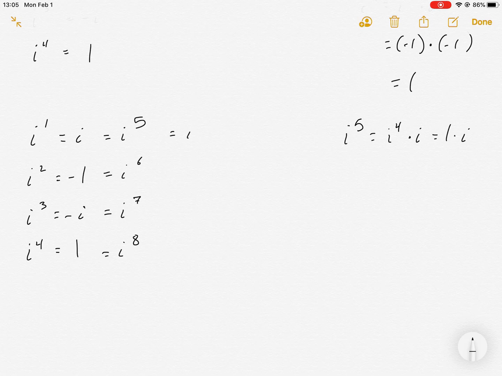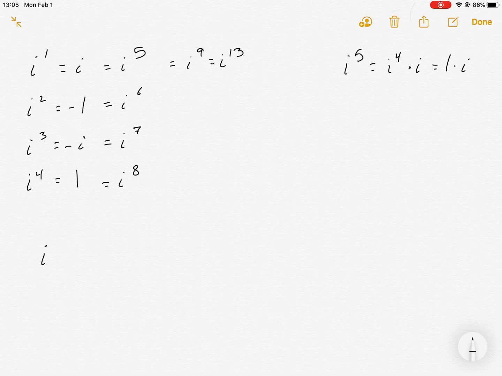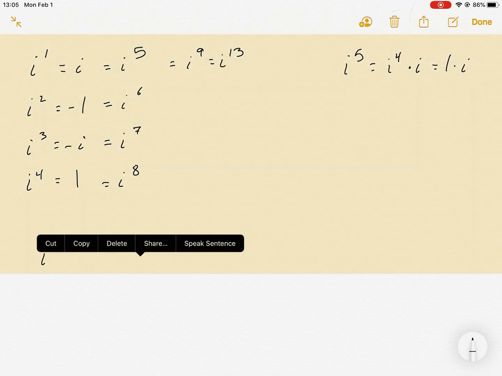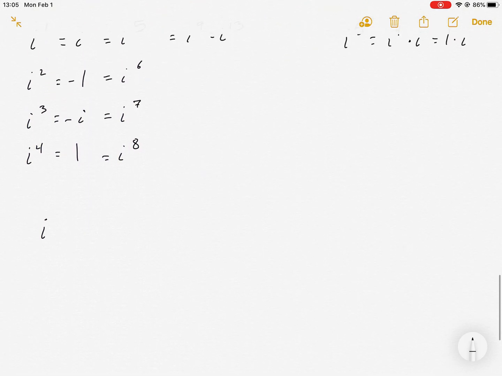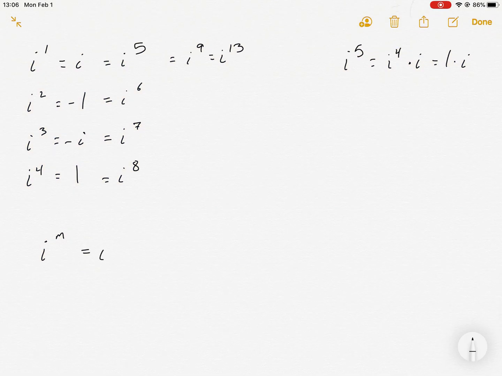So we could say this is the same as I to the 9th, I to the 13th, etc. So if you have any I to the power of some number m, you're going to rewrite it as I to some power of 4 times, we'll just call this another number n, plus either 1, 2, 3, or it could be just 0, right? It could be divisible by 4.